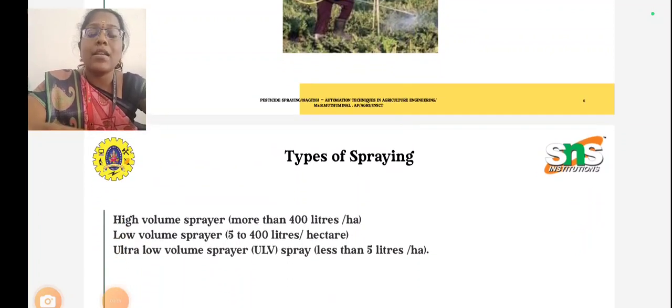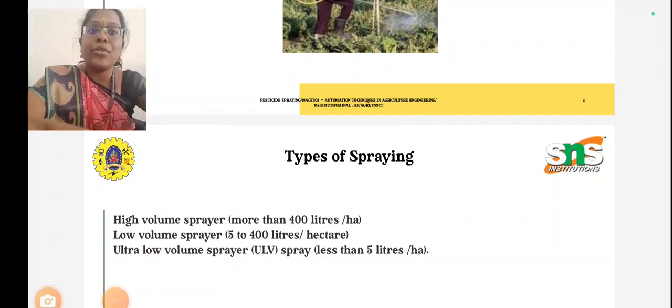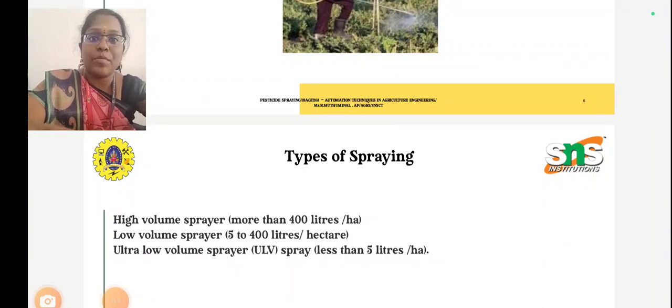Sprayers are available in three types. The first one is the high volume sprayer. A high volume sprayer is usually used in fields that need more than 400 liters per hectare, so very big fields will always use a high volume sprayer. The next type is the low volume sprayer.